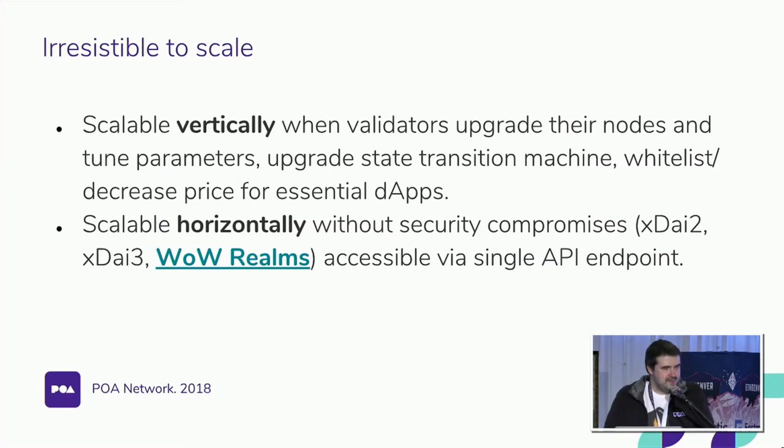So the second type of scalability is horizontal scalability. That's what is sometimes called sharding, right? It's relatively easy to launch an xdai chain for the DAI token or for another token. And at least 2 projects already launched the same type of environment, but with a different ERC20 token, which acts as the native token.